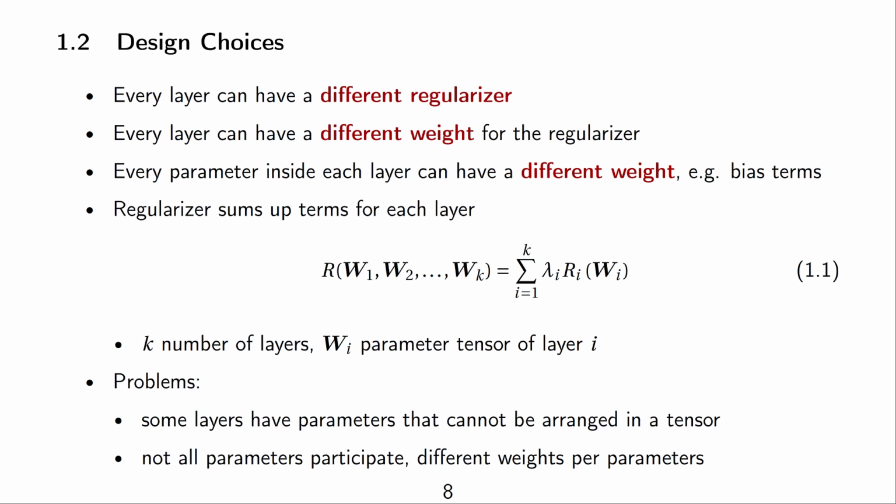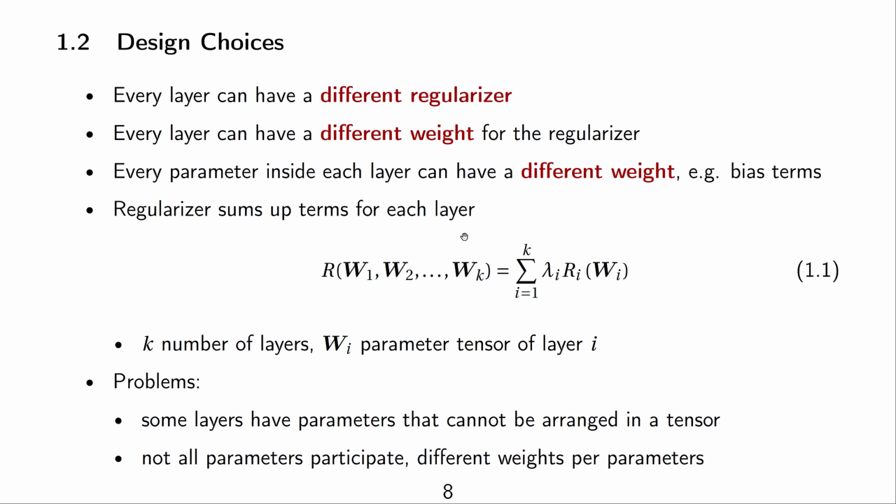But even within a layer, we could conceivably use different weights for the different parameters inside a layer. One typical example would be a linear layer where the bias term might not have any regularizer attached, and the other parameters, the other weights, would have a regularizer attached to them.